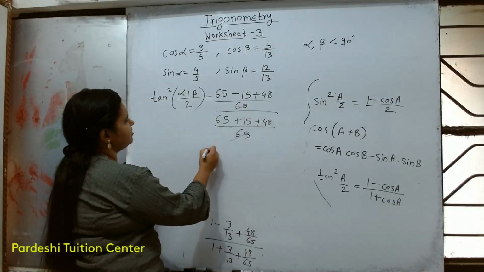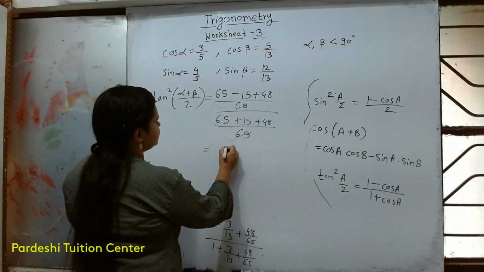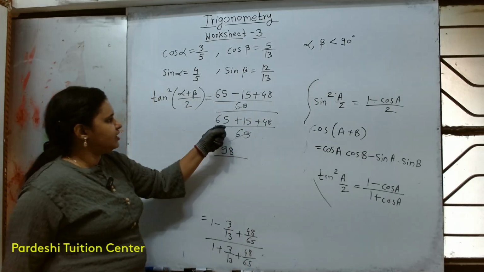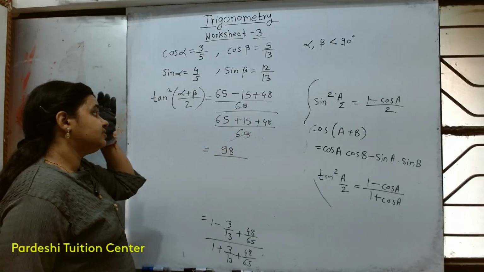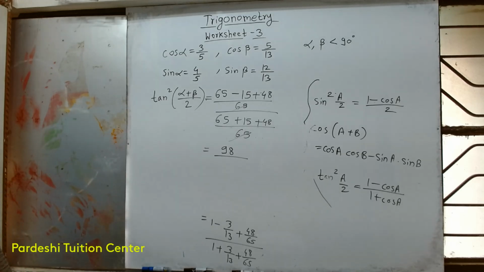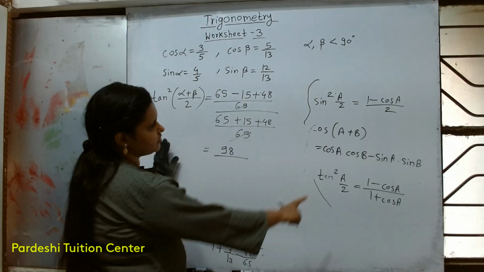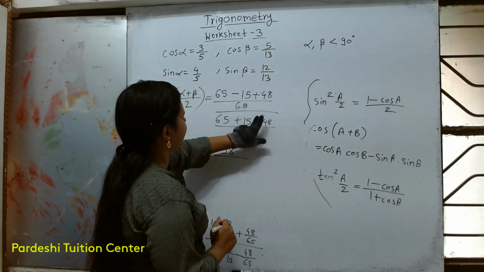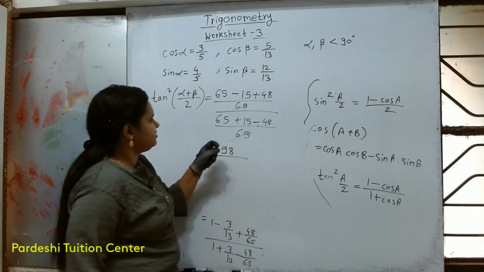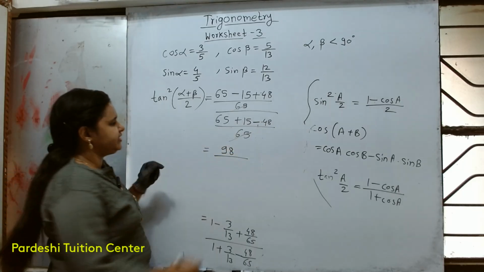65 will get cancelled and 65 minus 15 is 50 plus 48, that is 98, upon 65 plus 15 is 80, here it was minus sin A sin B, so here it is minus, 80 minus 48 is 32.